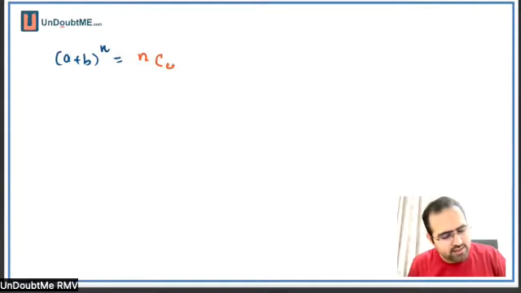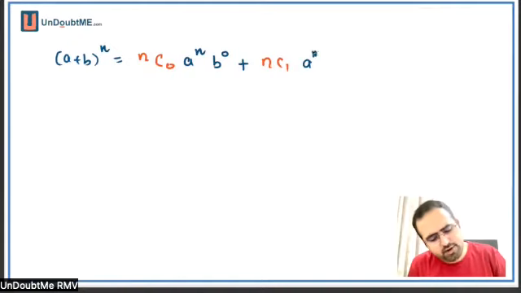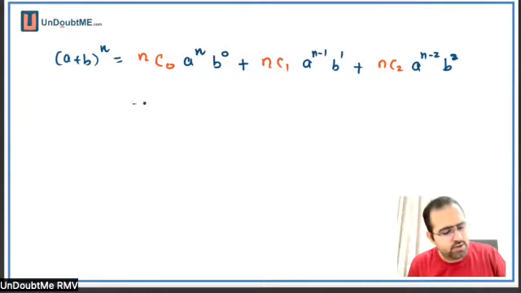It will be nC0, a to the power n, b to the power 0, plus nC1, a to the power n minus 1, b to the power 1, plus nC2, a to the power n minus 2, b to the power 2, and it will go on, whatever the value of n is, till then.